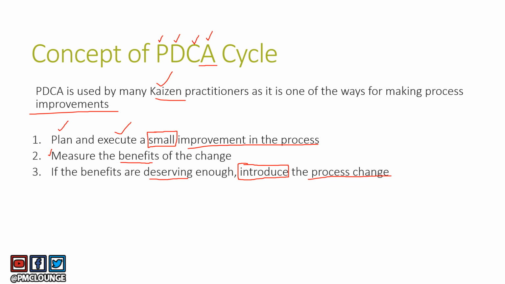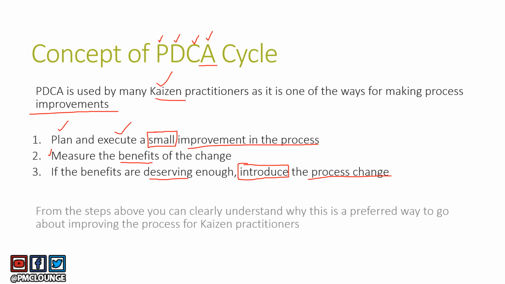Very, very important to understand how this entire concept works in real life project management scenarios. If you were not able to follow through, go back and watch this part of the video again. It is definitely going to be helpful. From the steps above, you can clearly understand why this is a preferred way to go about improving the process for Kaizen practitioners, because Kaizen is all about continuous improvement.